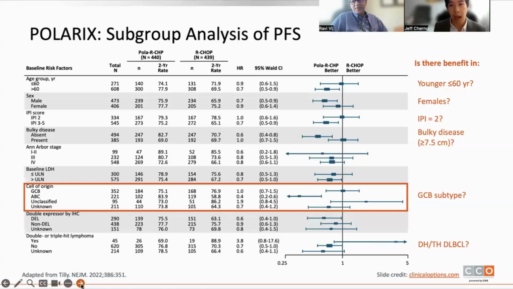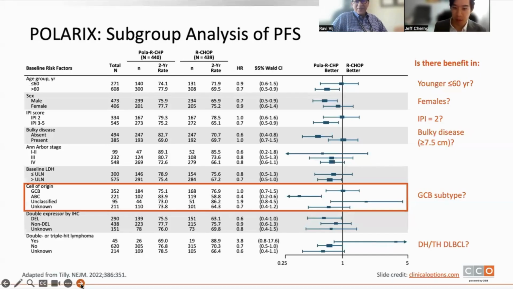For a patient with an IPI of 2 and a GCB subtype, I am still considering R-CHOP for some of these patients. But you ask 10 different lymphoma providers right now, and you may get sort of different answers as to how exactly they are deciding between R-CHOP and R-Pola-CHP.